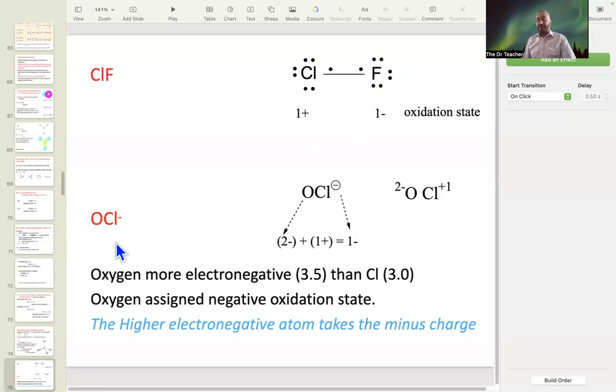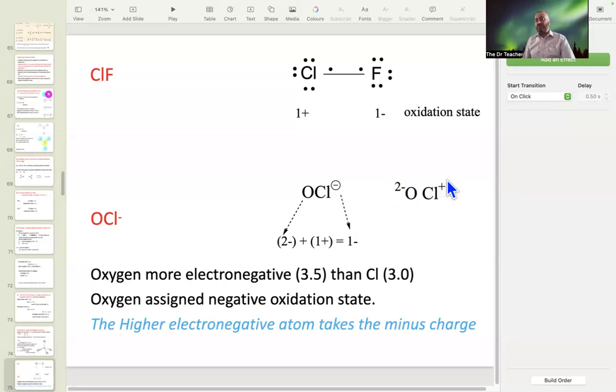OCl minus. Now you can see here the oxygen is -2. You see this minus here. So I have 2 minuses for the oxygen.